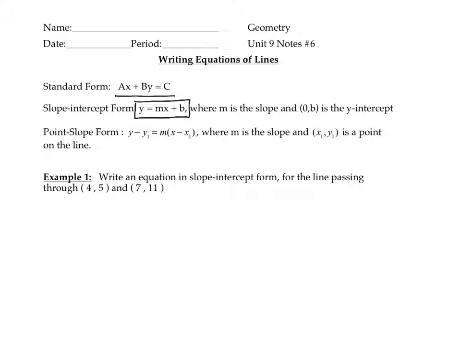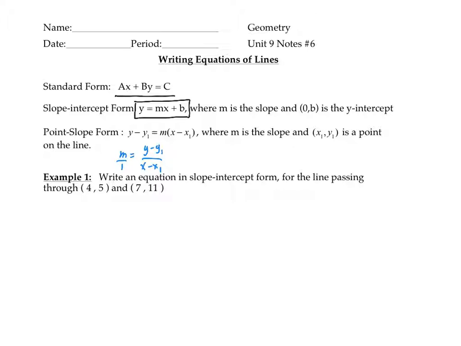Now people think that point-slope form looks really complicated, but I just want to show you where it comes from. If you think about the formula for slope as being m equals y minus y1, that's the change in y, divided by x minus x1, the change in x, watch what happens when you treat it as a proportion.